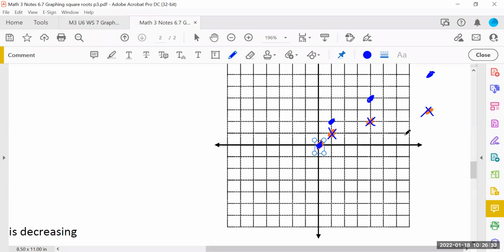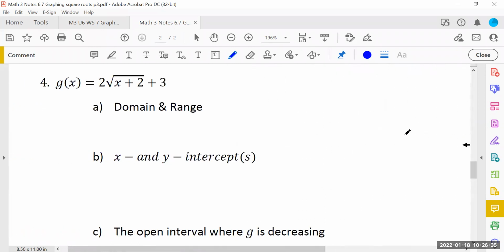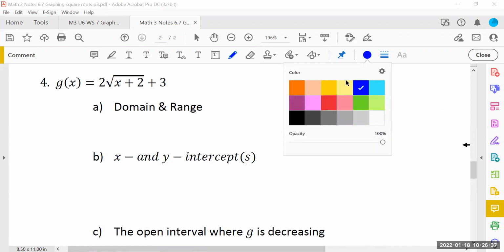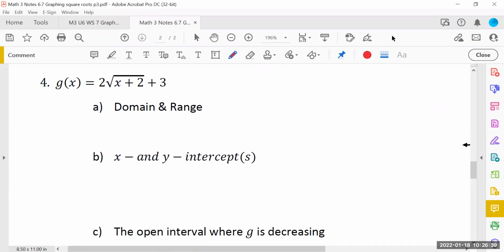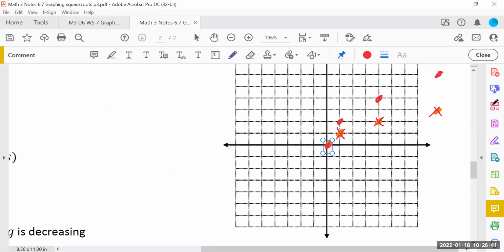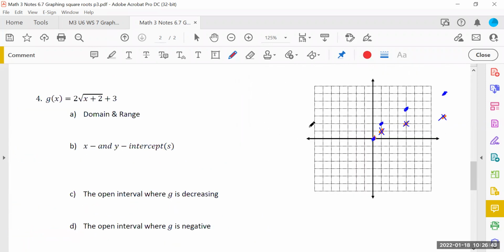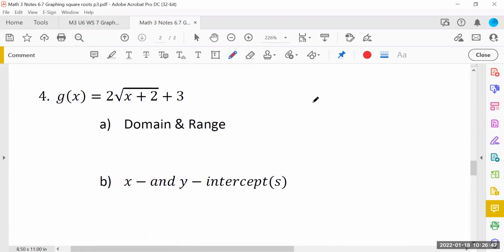Now, let's do the shifting. So the shift here is left 2, up 3. Left 2, up 3.